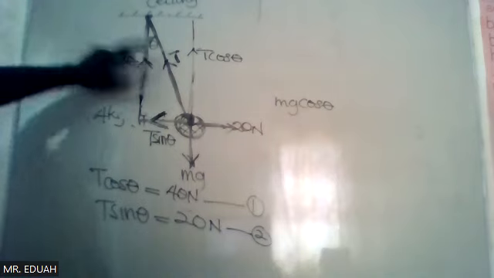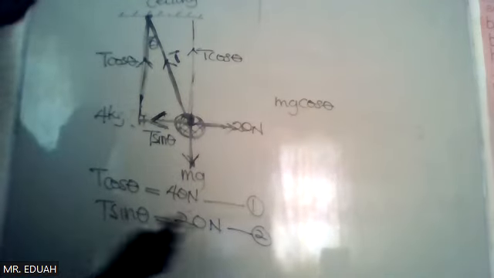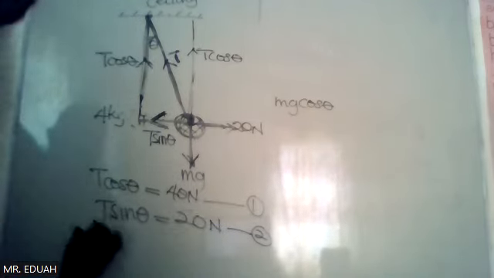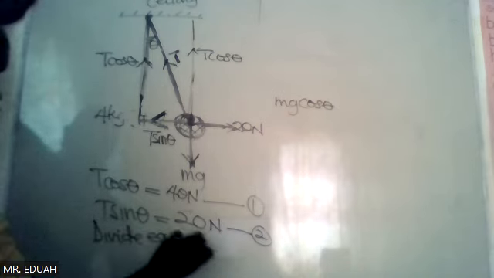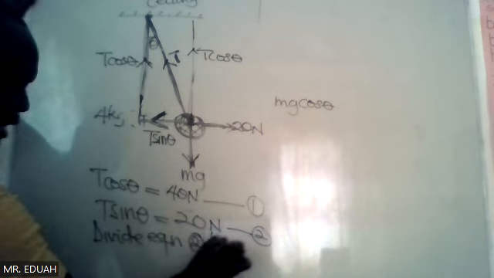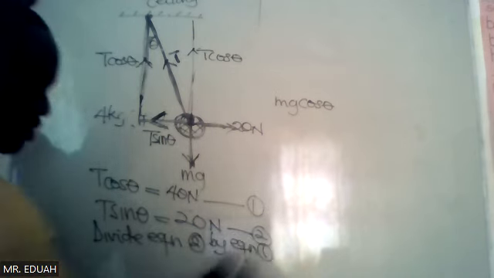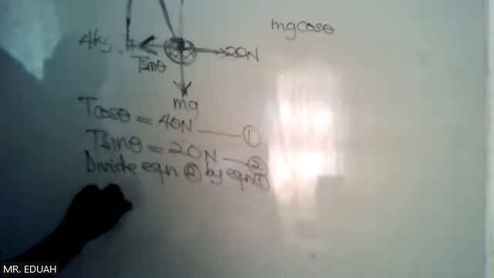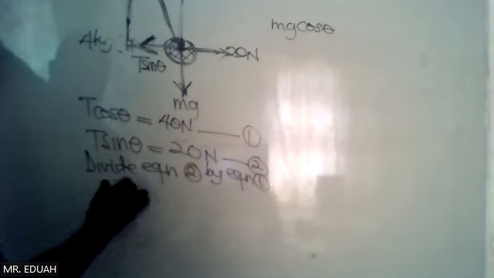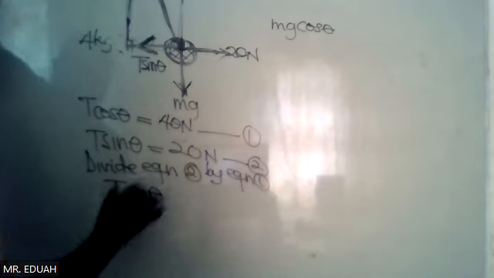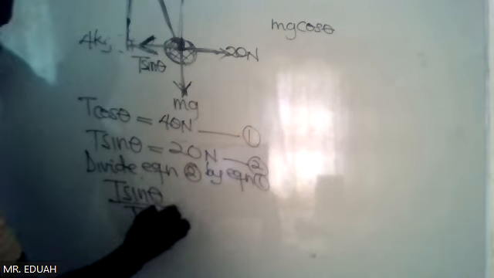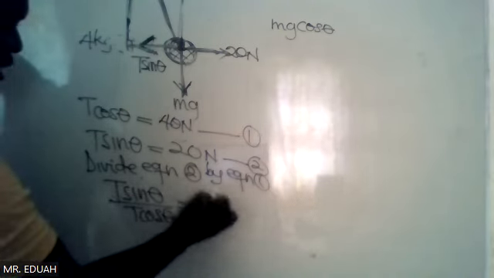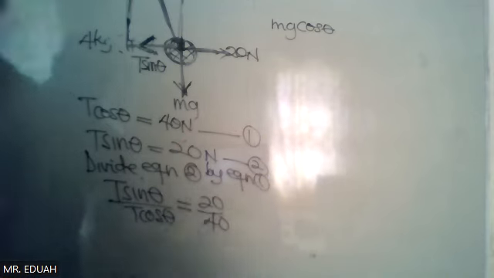I'm looking for theta. So let's divide equation 2 by equation 1. If we divide equation 2 by equation 1, we have T sin theta over T cos theta is equal to 20 over 40.